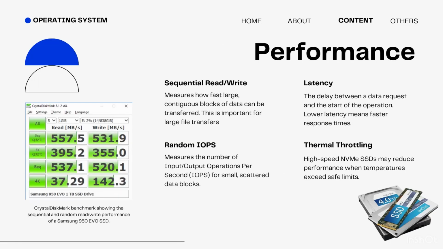To measure SSD performance, we look at sequential speed for big file transfers, random IOPS for many small files, latency for response speed, and thermal throttling, when the SSD slows down if it gets too hot.